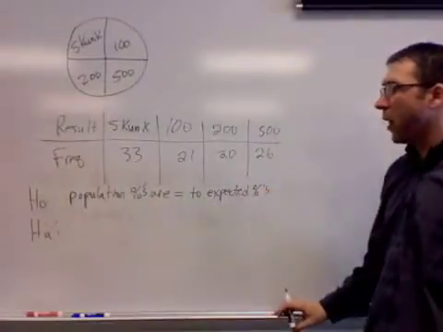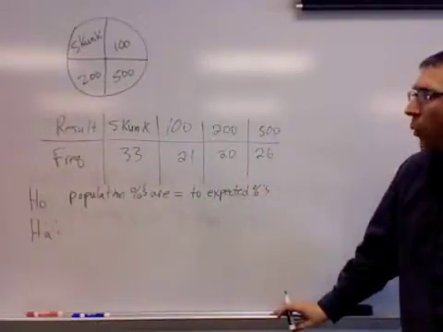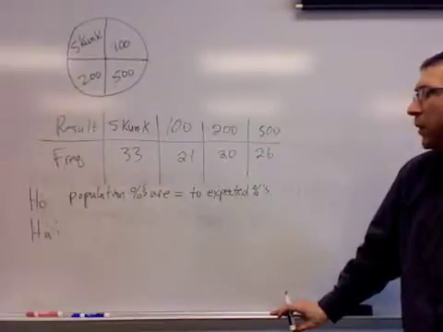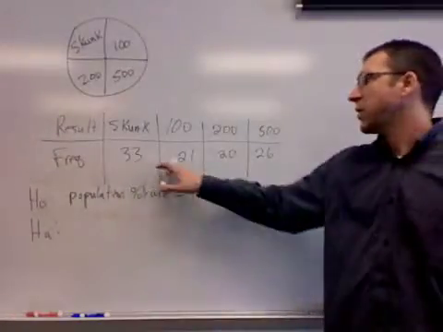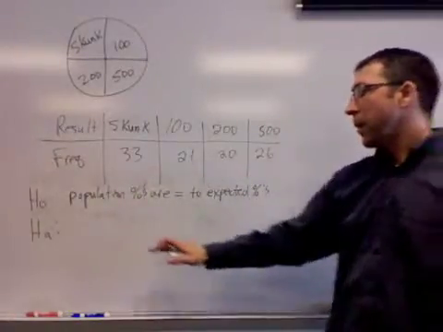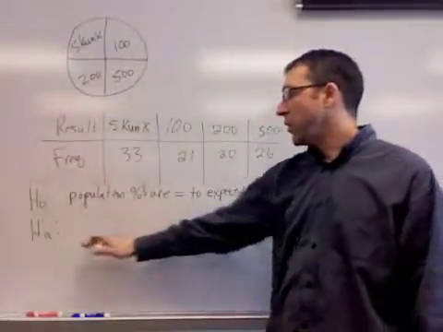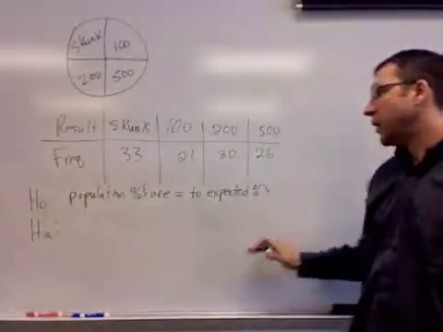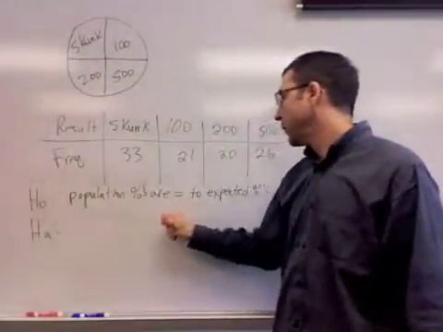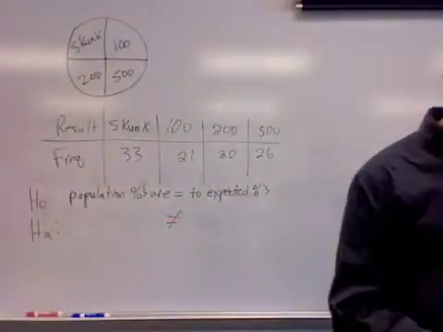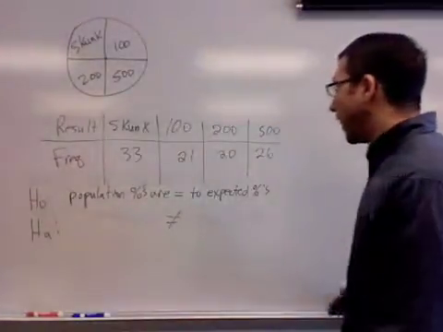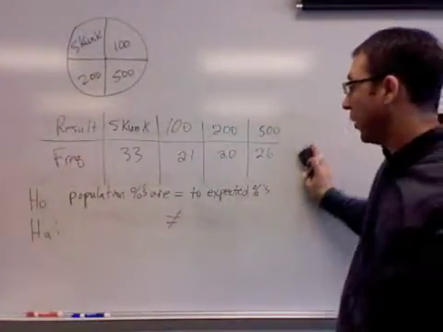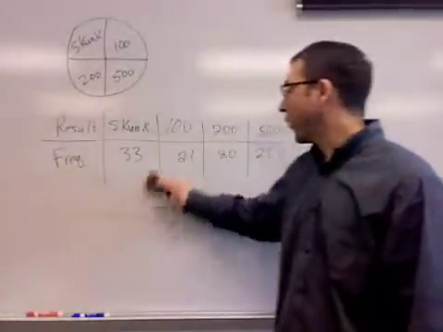You can also write it out as, the null would be that the wheel is fair, that each item is landing on the expected 25% chance of what you see here for the different situations. And then the alternative would be that they're not equal, that they're different. And to do that, we end up needing to complete a chi-squared test for goodness of fit. So that's the first step.